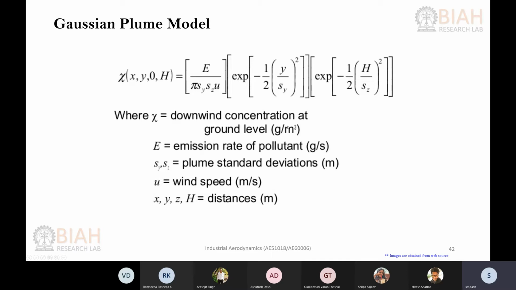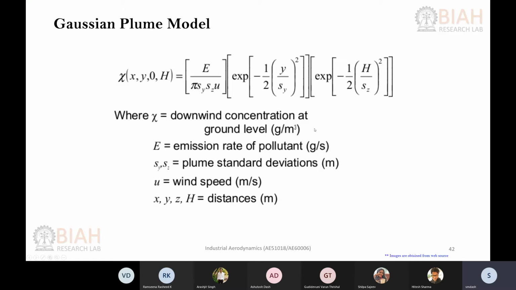Okay, so this downwind concentration at the ground level, the unit is gram per meter cube. Okay, and E is your emission rate of the pollutant, which is gram per second. Sy, Sz, generally these are standard deviation, which are also defined as sigma y and sigma z. So basically these are standard deviation for the y and z direction.